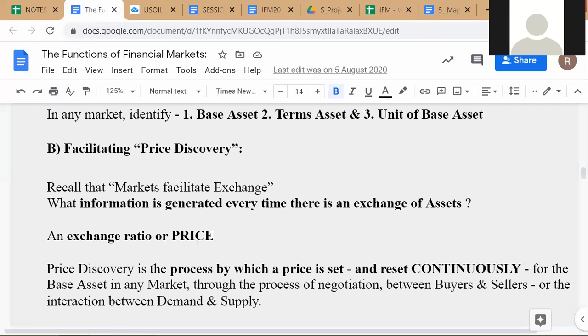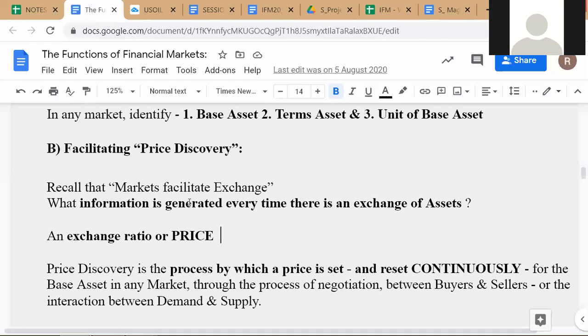Every time there's an exchange, there is some exchange ratio, which means that, if it's trading in quintals, the sugar is worth either 300 rupees or 280 rupees or 410 rupees or whatever it is. Because when you do the transaction, there's a price associated with it. The price is also the exchange ratio, that is, 410 Indian rupees equals 1 quintal of sugar. So that's the exchange ratio.